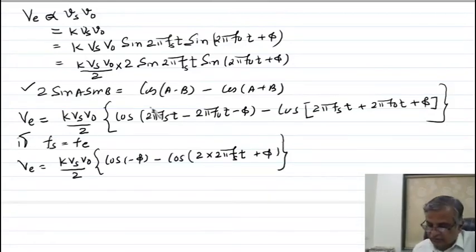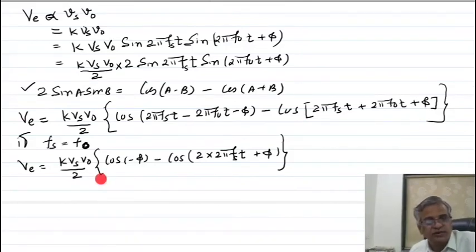Look here, when these two are equal, this term is cancelled. So you will get this equation. This is the equation of the output voltage when both signals are equal: one is the input signal and the second is the signal coming from the VCO. When the frequency of the input signal and the frequency of the VCO are equal, the output of the phase detector will be like this.